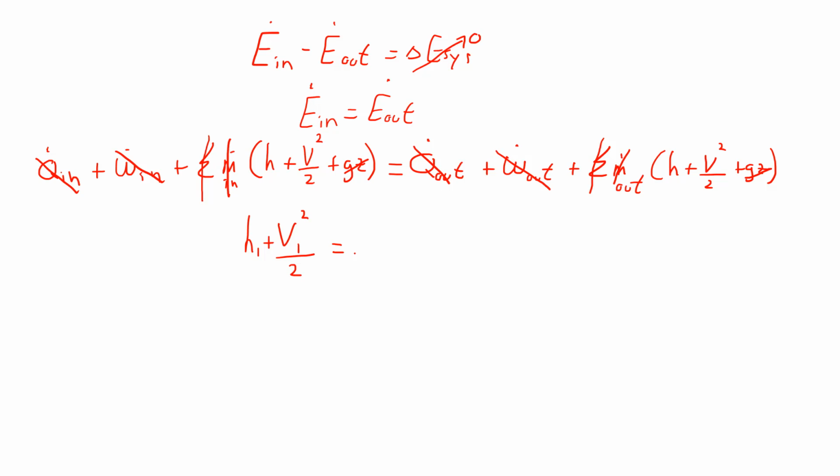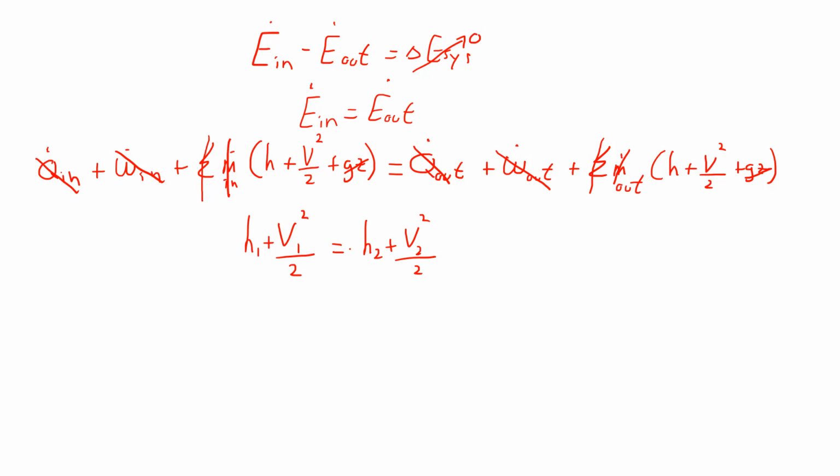So the enthalpy in and the kinetic energy in of that one mass flow rate equals the enthalpy out plus the specific kinetic energy out. Now remember, the mass flow is canceled out because work and heat terms go away, and so it's mass flow in times enthalpy plus kinetic energy equals mass flow rate out times enthalpy and kinetic energy.